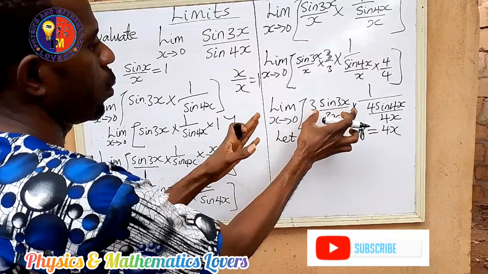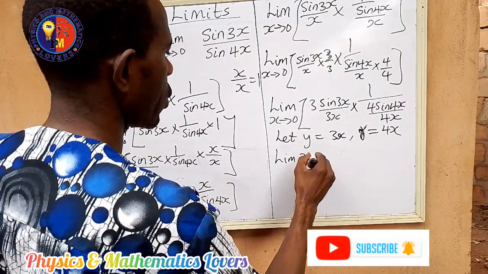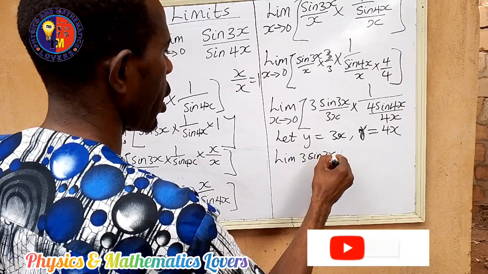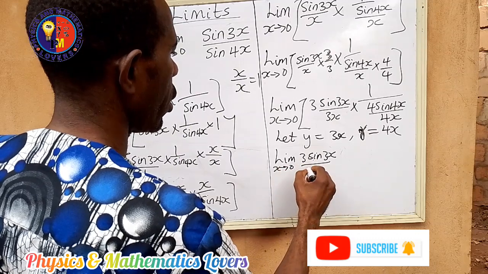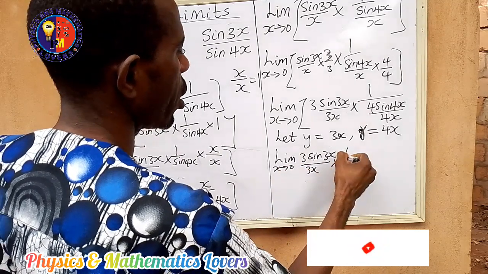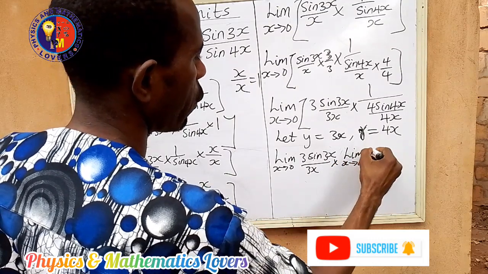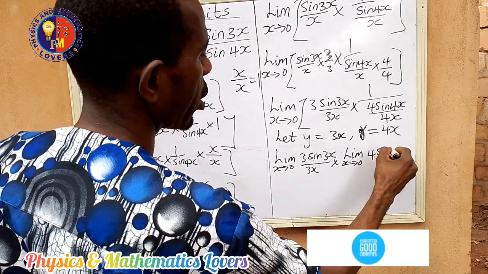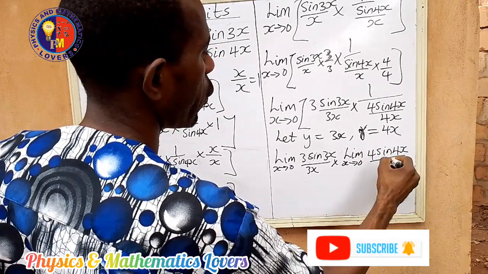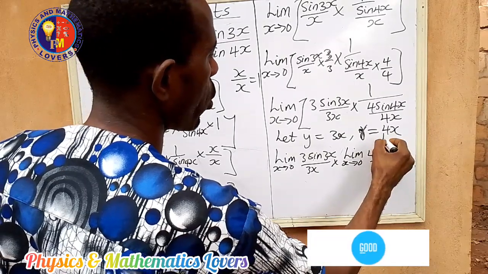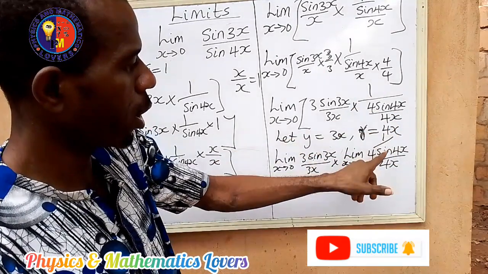Now, open the limit on both sides: limit as s tends to 0 of 3 sine 3x all over 3x, times the limit as s tends to 0 of 1 all over 4 sine 4x all over 4x. Remember, this is 1 all over, so it is the reciprocal. Don't forget there's 1 all over there.